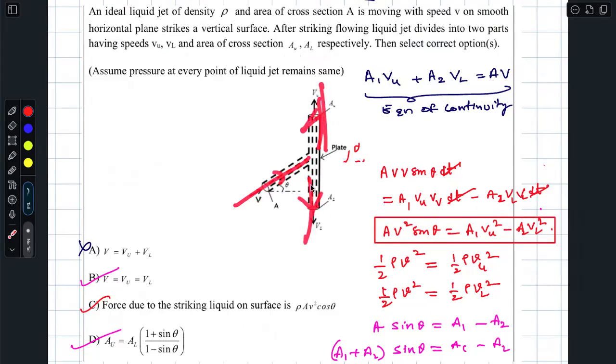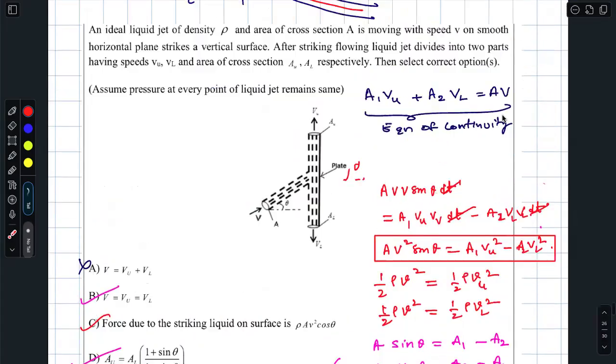So A1 V upper plus A2 V lower is AV. This is according to the equation of continuity. Correct? So if all areas of cross sections are the same, is anything like that given? No, right.